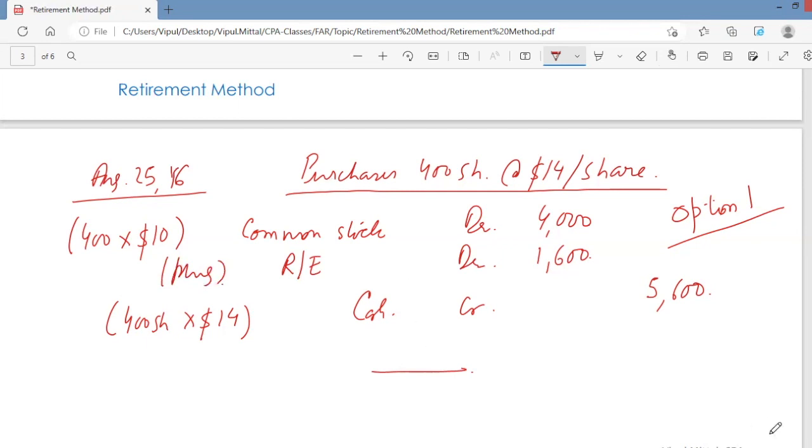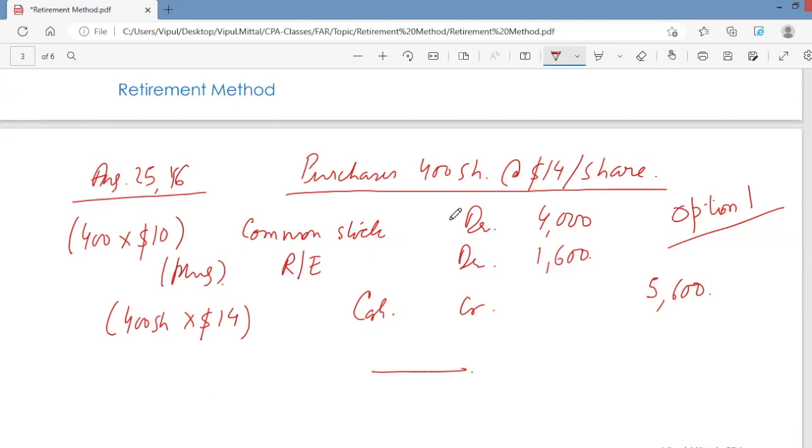Or you can allocate this loss of $1,600 to additional paid in capital and retained earnings. But in case you decide to use additional paid in capital, then there is a limit on the amount of additional paid in capital that can be used to write off this loss.